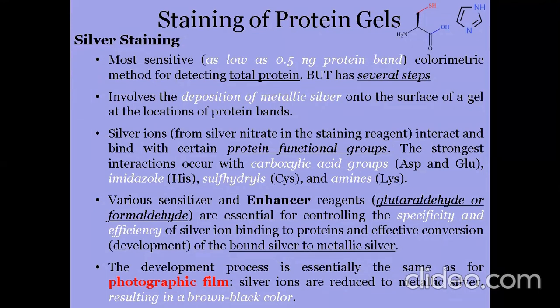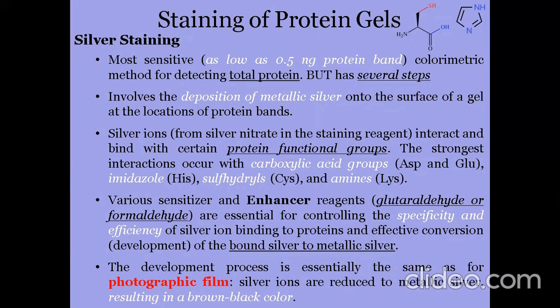We also use various sensitizers and enhancers like glutaraldehyde or formaldehyde, because these are essential for controlling the specificity and efficiency, because we do not want any contaminations. So we want efficient results by using the silver interaction with our amino acids.